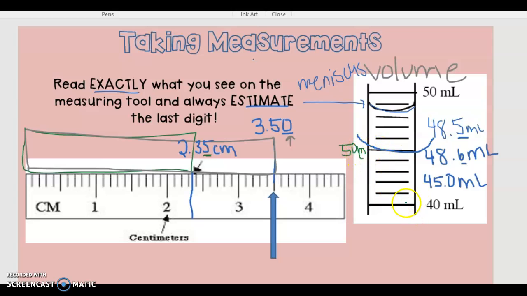So if that's 50, and this is 40, this would be 42, 44, 46, 48, and 50. So if this was my 50 mark, then I would know that my calibrations or my tick marks were rising every 2 milliliters versus every 0.2 milliliters versus every 1 milliliter. So that's something you should definitely keep your eye on.